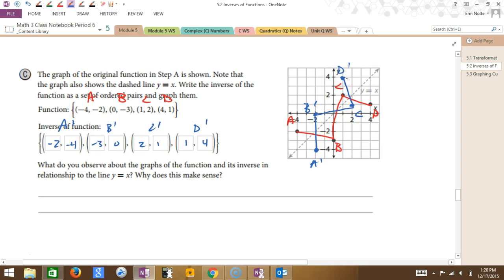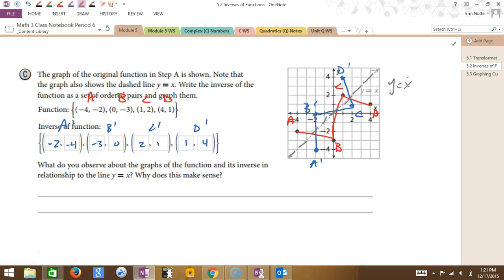Flipped it over what? Yeah, like that dotted line that's drawn there. You guys see the dotted line that's drawn? Here, let me draw it a little darker. This dotted line is y equals x. And so what's happening here is the original function is simply reflected over the y equals x line.